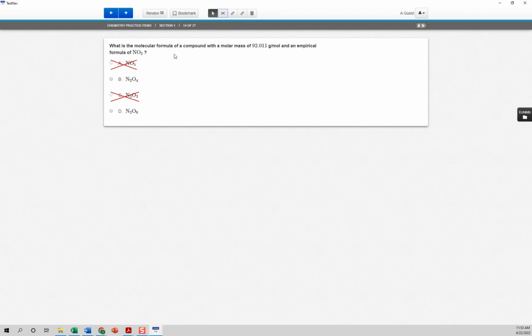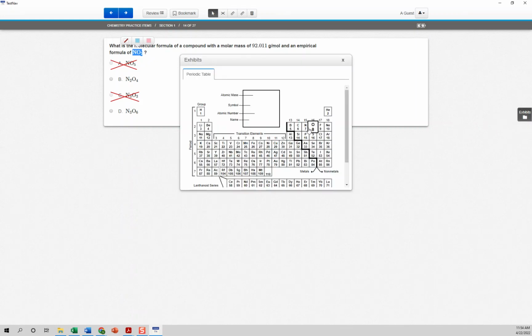The other way to go is to find the molar mass of the empirical formula. If you go to your periodic table, one nitrogen is 14, and two oxygens would be 32, 16 plus 16. So the mass of this is 46.